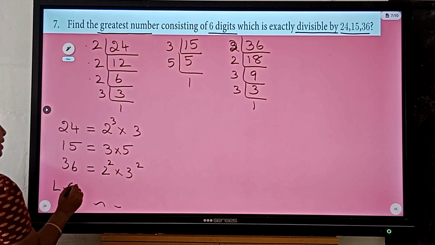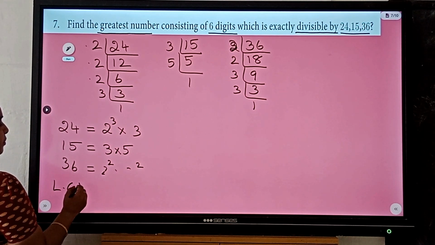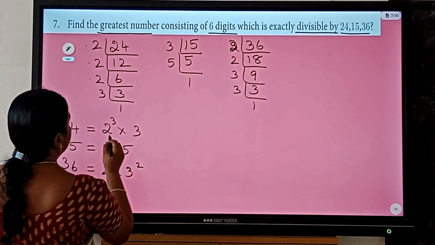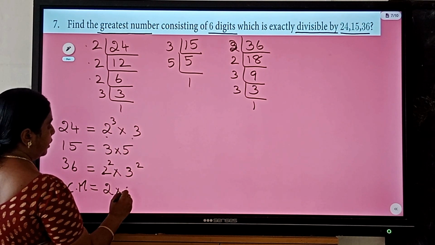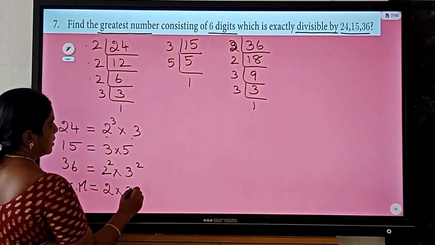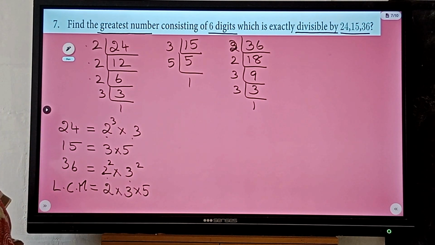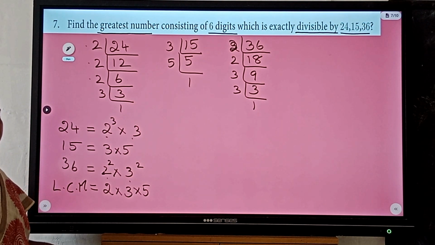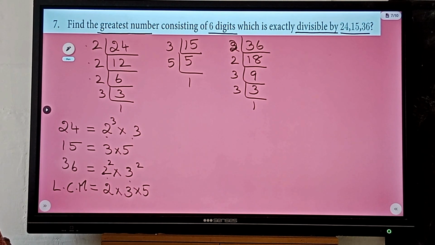So LCM is 2 into 2 into 2 into 3, again you have 3, so into 5 and finally into 2 into 3. As I told you in the previous sum, for writing the LCM, the highest power should be taken.